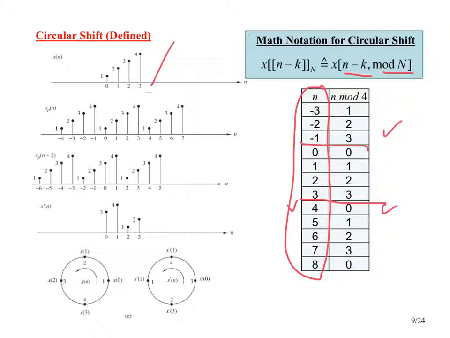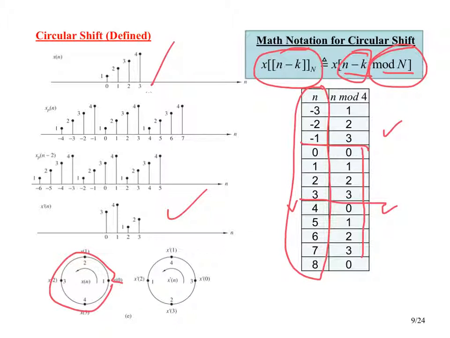So this is like going around the circle. I'm going 0, 1, 2, 3, 0, 1, 2, 3, and so on. So that's what this mod representation looks like. You should be able to convince yourself that doing the regular index substitution n minus k, but then slapping on a mod n, will do the same thing as what we just defined as a circular shift. And this double bracket notation is just a convenient way of notating this idea of mod n.